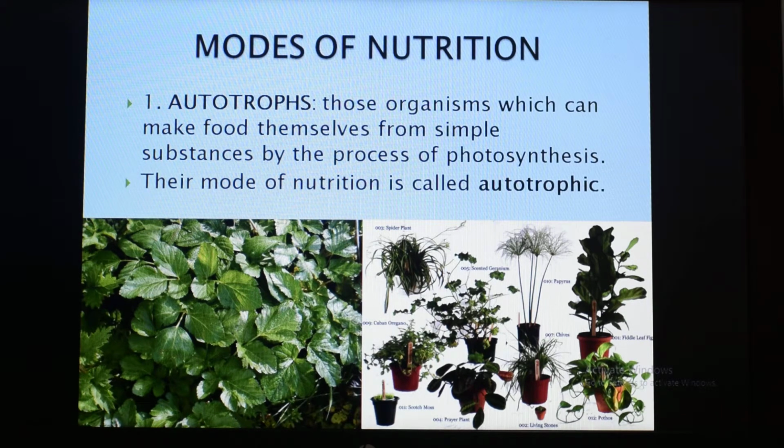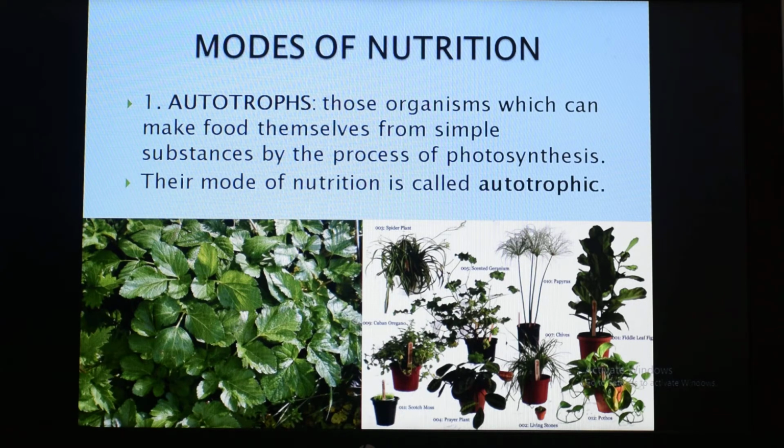Autotrophs contain a green pigment called chlorophyll, which helps them make food by absorbing energy from sunlight. Most of the plants are green and have the capability to make their own food. This means that most of the plants have autotrophic mode of nutrition.